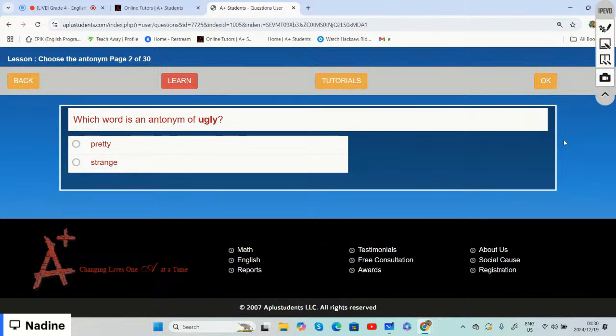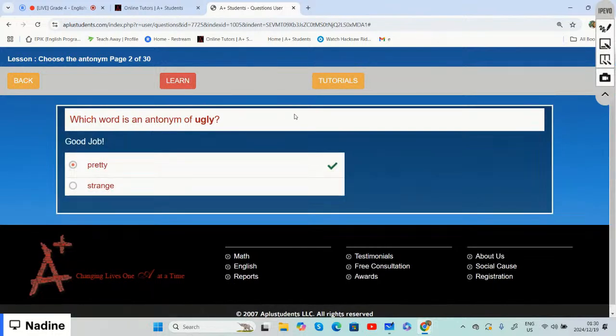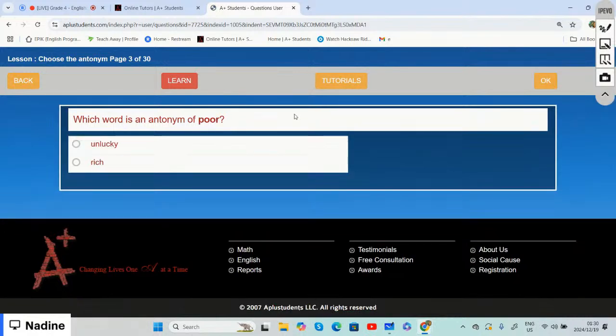All right. And then if we were to choose the antonym of ugly, then yes, it is pretty or it is beautiful. So pretty it is.